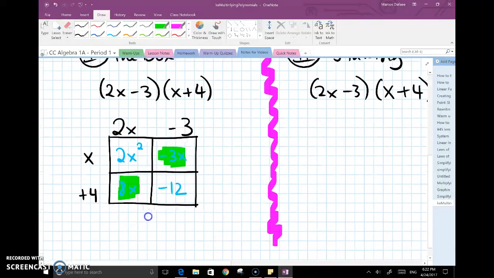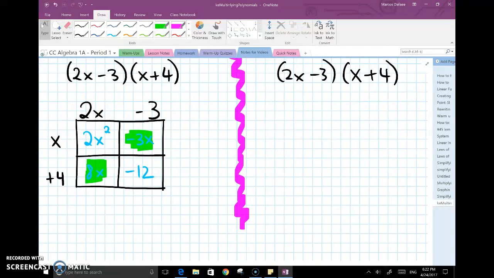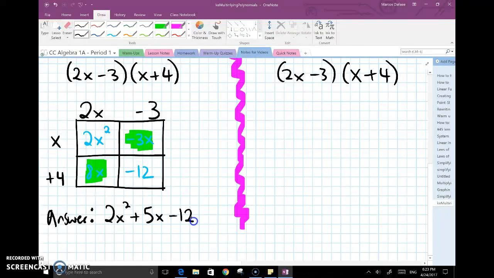The answer would be 2x squared, which is our leading term since the power is the highest, followed by 8x minus 3x, which is plus 5x, followed by our constant term, which is the negative 12. And that's it. That's our answer. That's how the box method works.